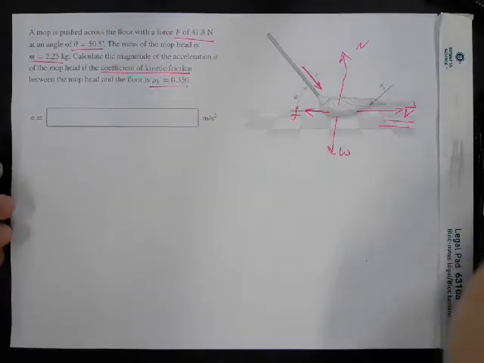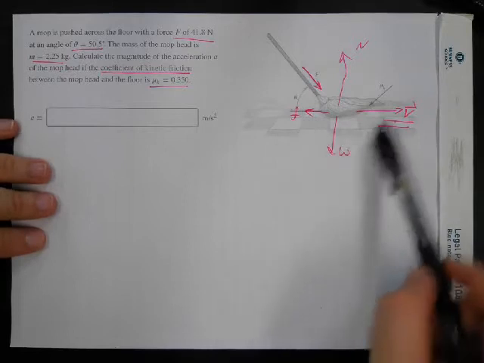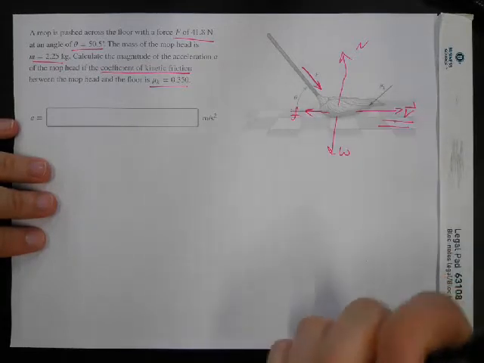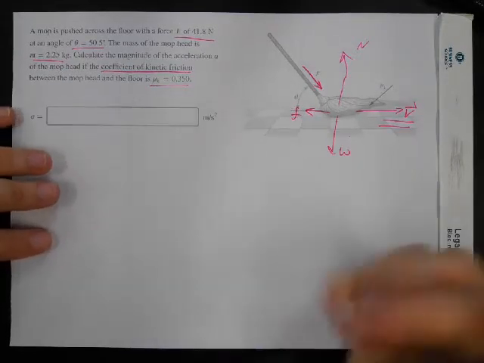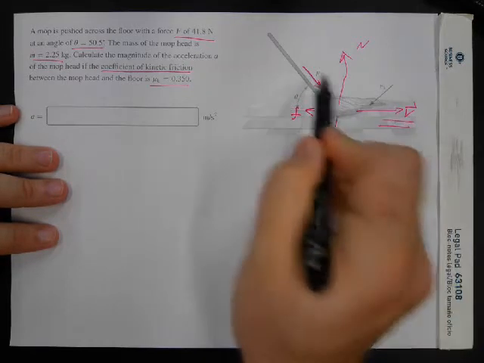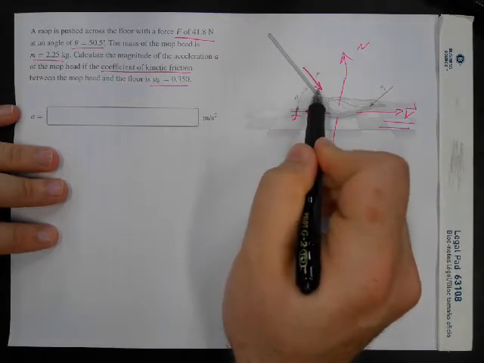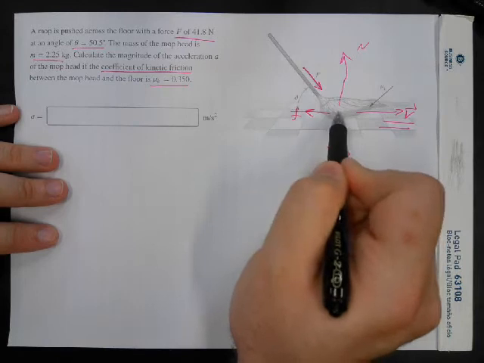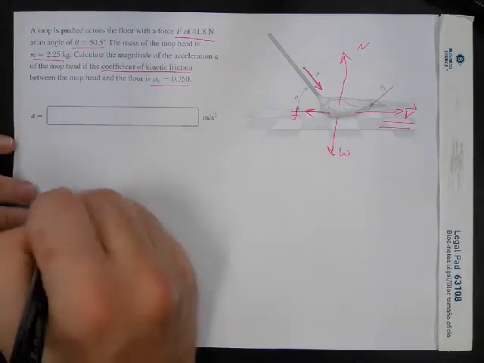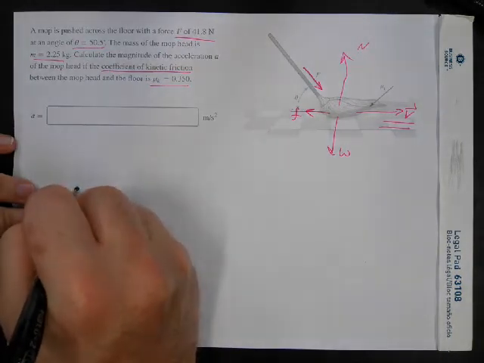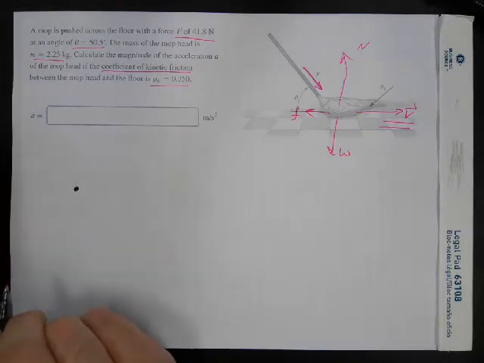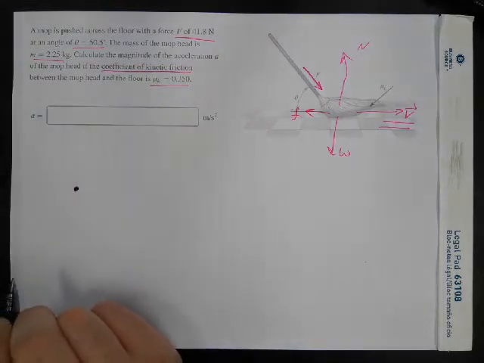I've not drawn a free body diagram here, even though it kind of looks like it. We've put in velocity, and that's a no-no. And we've put in this friction force here that's off from the center. So we're going to draw the free body diagram, and we're going to identify all the forces that could act on the thing.